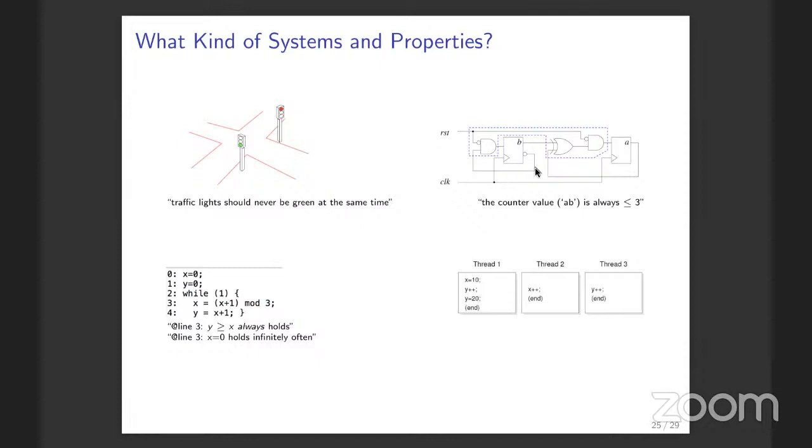So for example, in this hardware circuit, you have these two state holding devices, which are usually called flip-flops or registers. The system changes state every time the clock ticks.